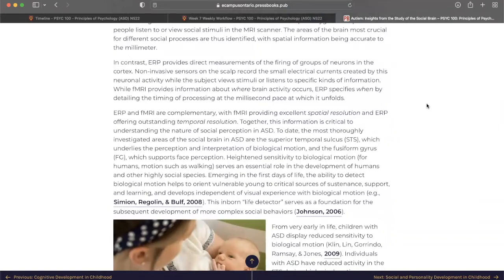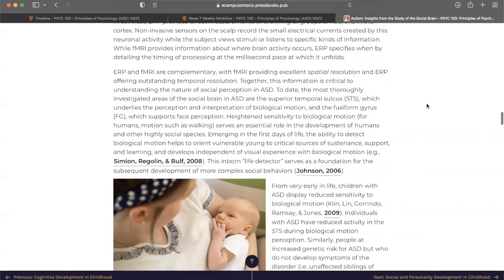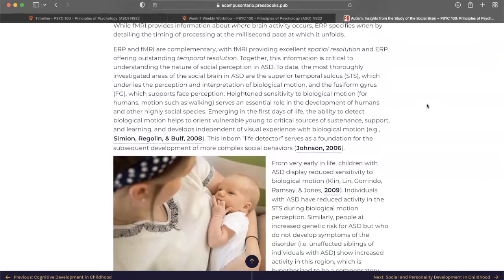While fMRI provides information about where brain activity occurs, ERP specifies when by detailing the timing of processing at the millisecond pace at which it unfolds. ERP and fMRI are complementary, with fMRI providing excellent spatial resolution and ERP offering outstanding temporal resolution. Together, this information is critical to understanding the nature of social perception in ASD.